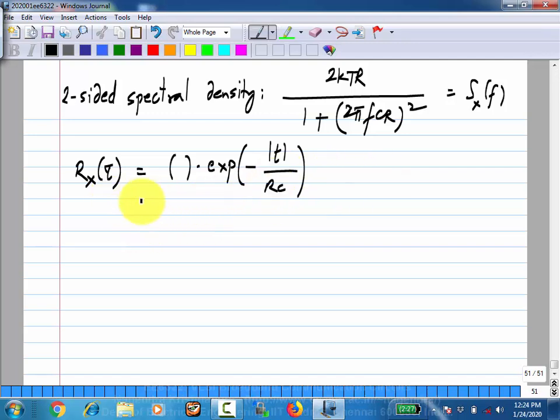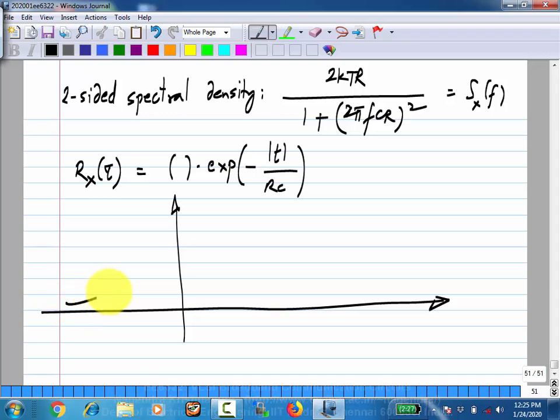So essentially, this means that the autocorrelation looks like this. Okay.